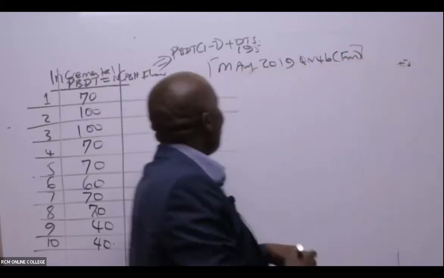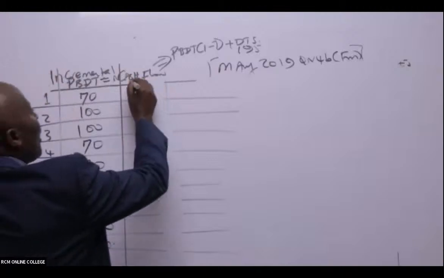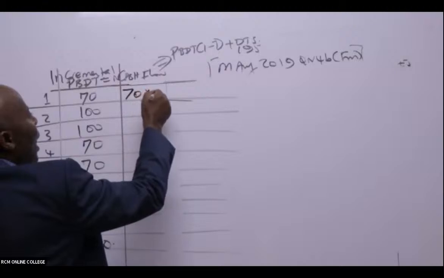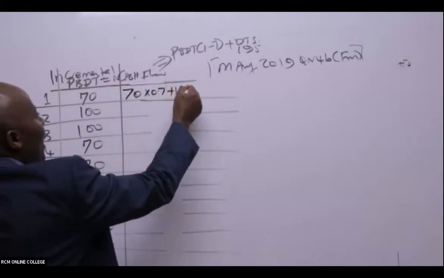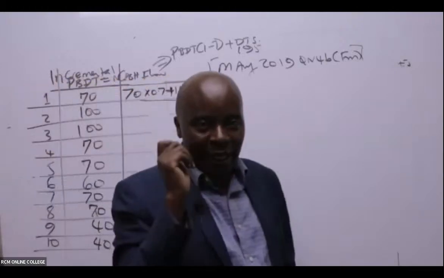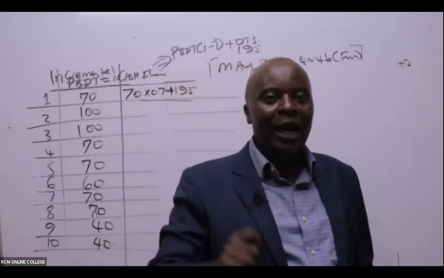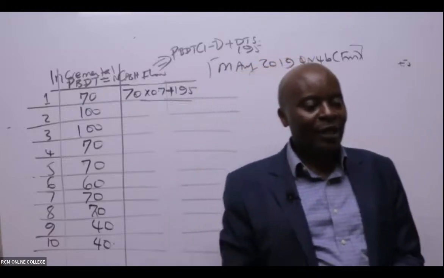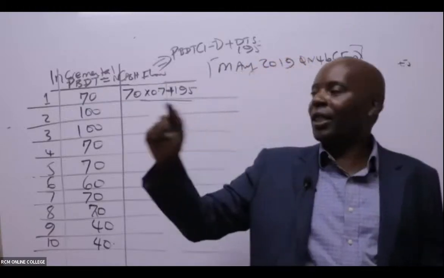When I break it up, this is what I will do. I will take 70 times 0.7 plus 195. I'm so sure that you haven't yet seen that 195, and if you have, then you haven't seen this 0.7.